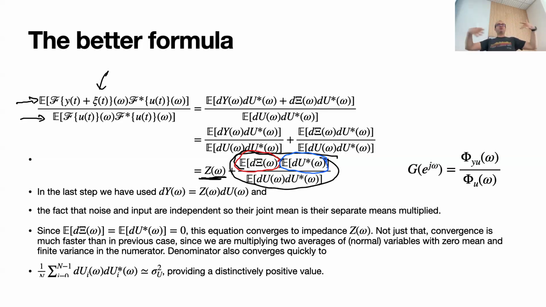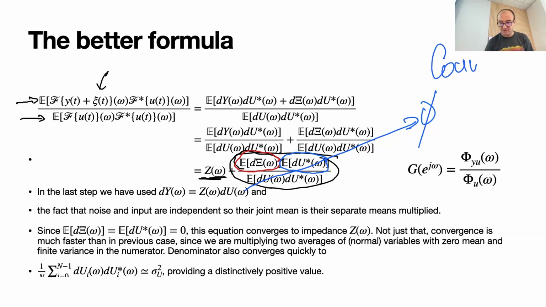What is the expected value? What is the mean value of surrounding noise? It's 0. So this means that this part converges faster to 0. And that is why we have to calculate the cross correlation versus the autocorrelation, because this converges extremely, extremely faster to the true value of the impedance.